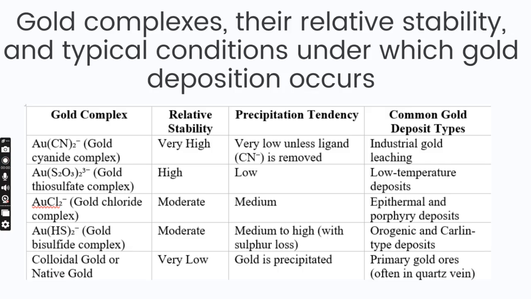Whereas for cyanide complex, you see the relative stability is very high, and thiosulfate is high. So cyanide is utilized for gold leaching. It is a different issue, equally important, but for industry, not in geology. Geologically it is detrimental. Whenever cyanide is present, it can attract gold.